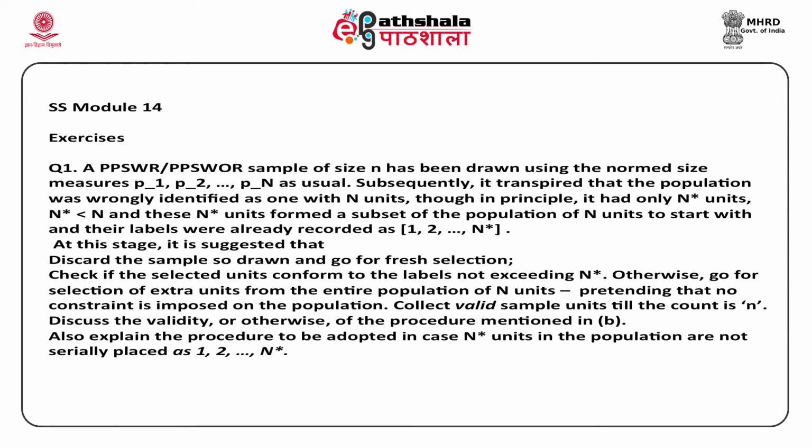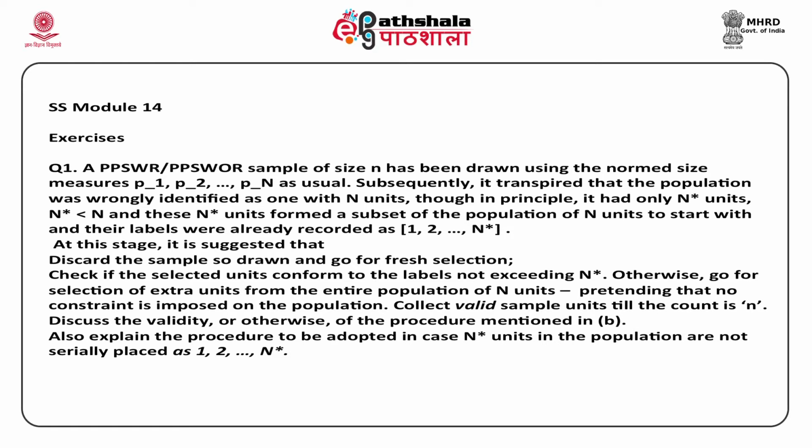So, you know that you have a sample now. Subsequently, it transpired that the population was wrongly identified as one with capital N units, though in principle it had only n star units, n star less than capital N, and these n star units formed a subset of the population of N units to start with, and their labels are already recorded as 1, 2, 3 up to n star.